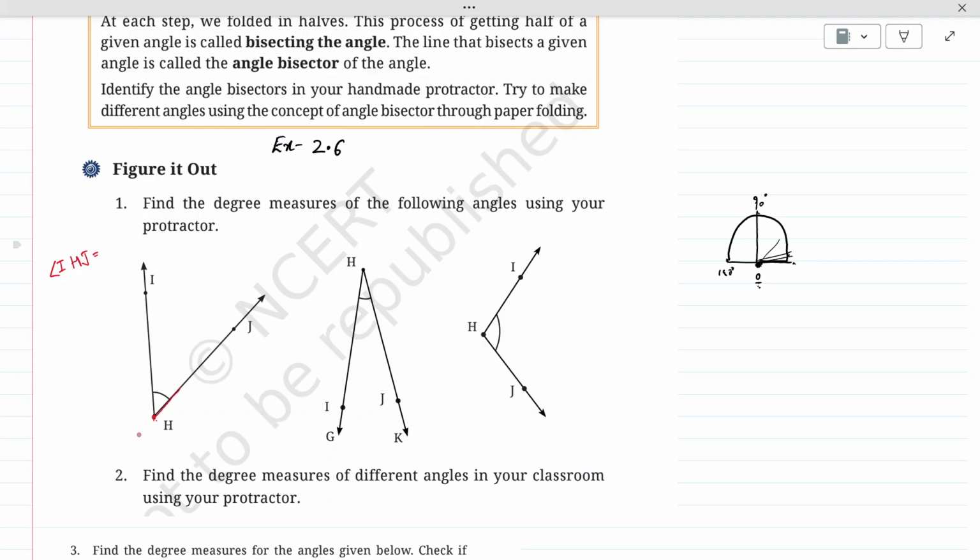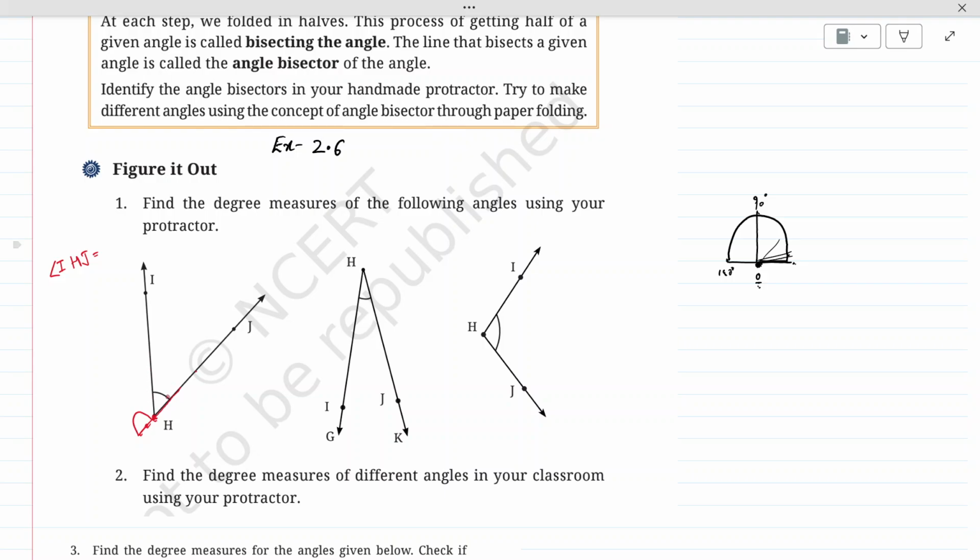So a protractor will be something like this. This point will coincide here and this arm should coincide here. Keep it above the point H and map the line of the protractor with the arm HJ, and then we have to see in the protractor where we are getting the other arm, and measure that degree.